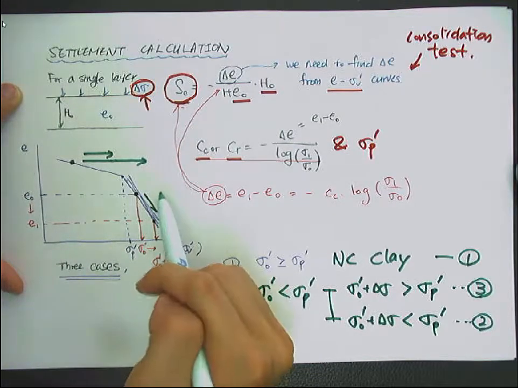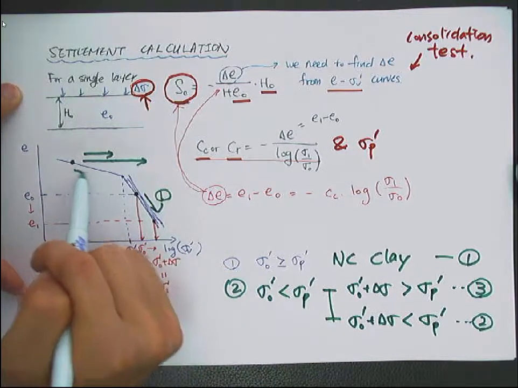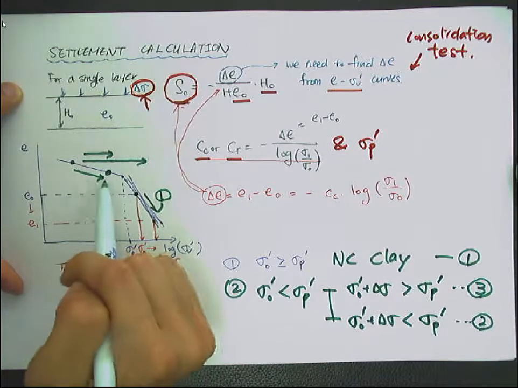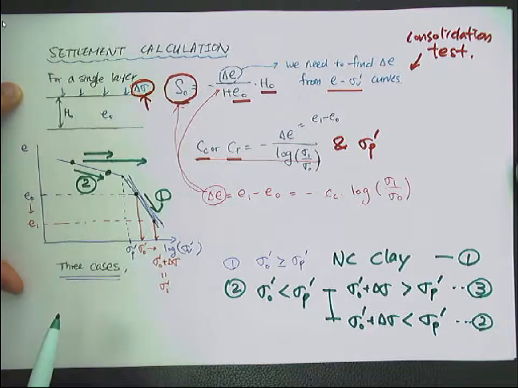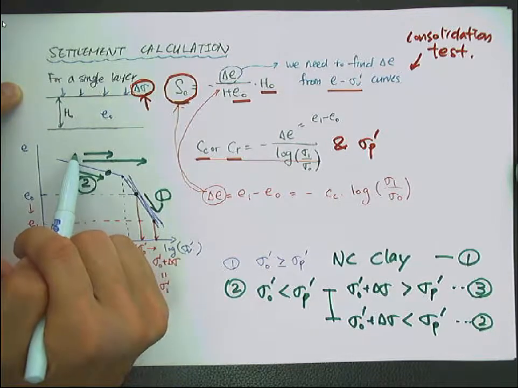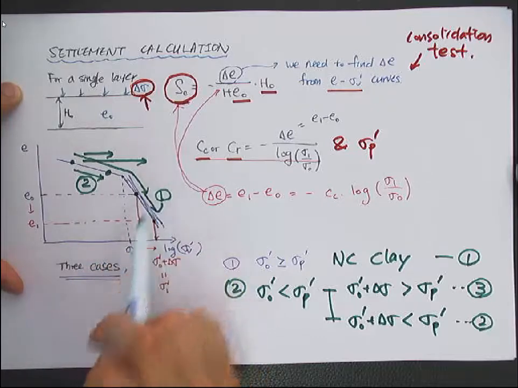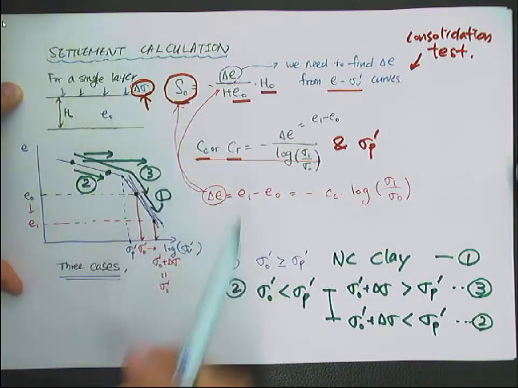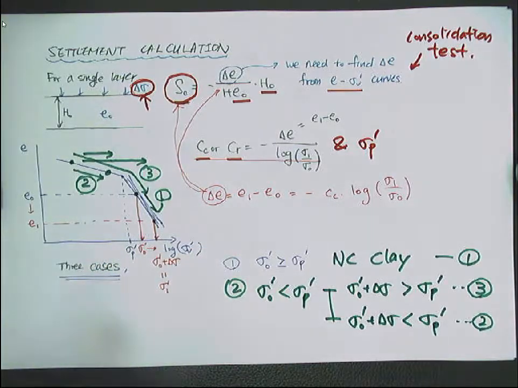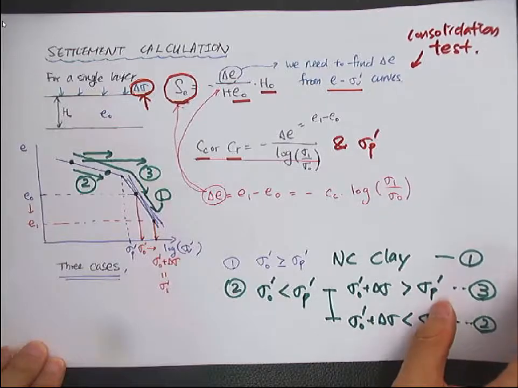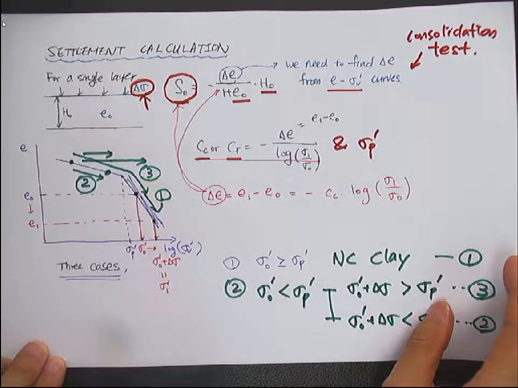The second case will be from here to somewhere here before the sigma p prime. And the third case will be from here to somewhere here exceeding the pre-consolidation stress. And we'll derive the equation for each case from 1 to 3 and how we can calculate the settlement.